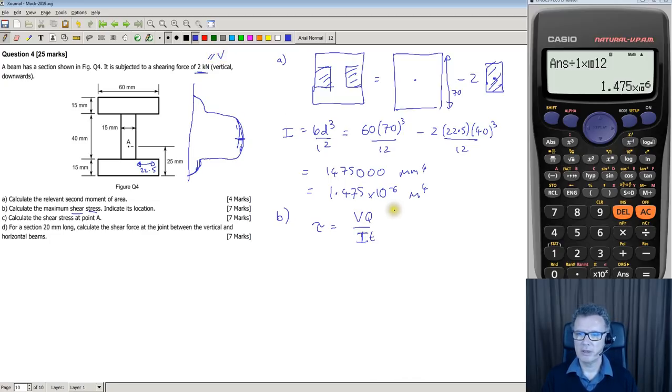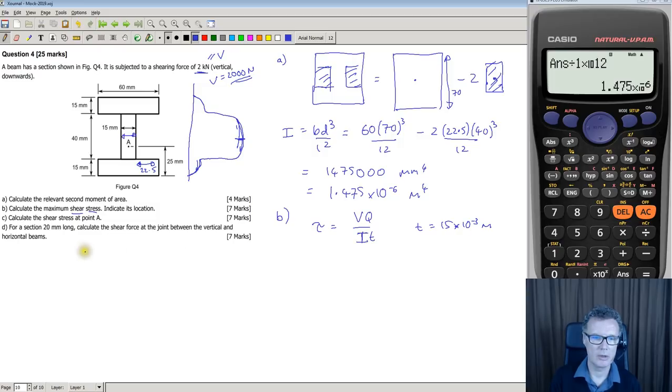The I is the value I've just worked out. The T is going to be the thickness where we're trying to shear things apart. So T is 15 times 10 to the minus 3. Let's work in meters. So V equals 2000. The only thing we need to find is Q.